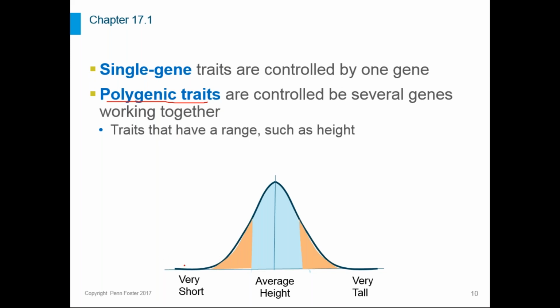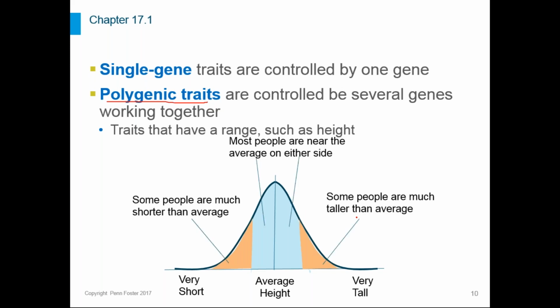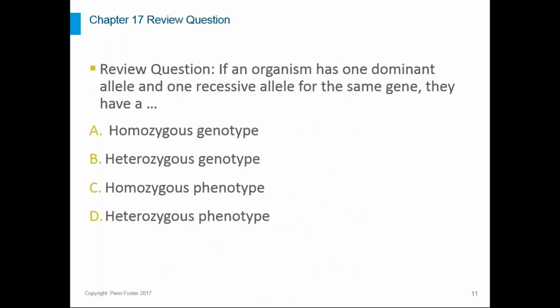Some people down here, most of the people in the middle around the average, and then some people on the opposite extreme. So most people are near the average, and then you have a few people on each side, much smaller or much taller. But before we go too much further, we want to review.